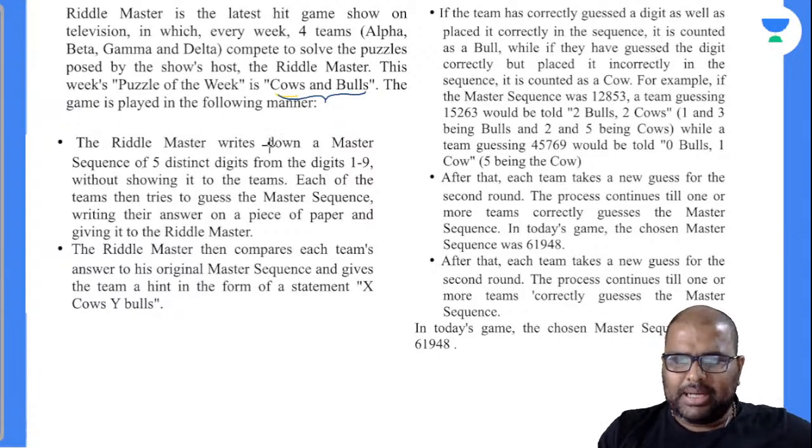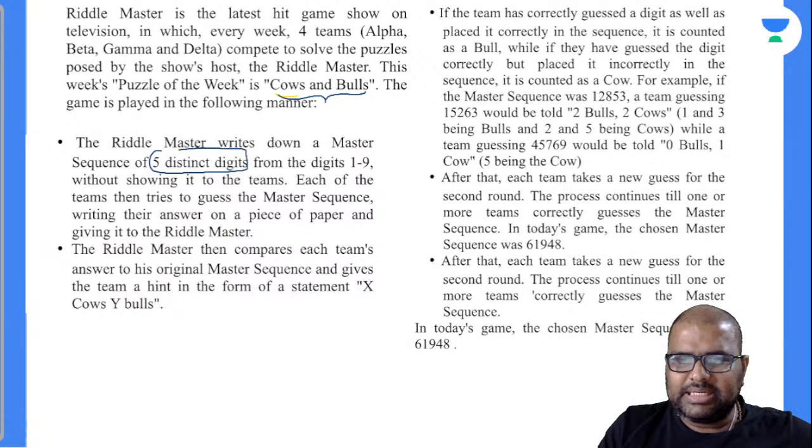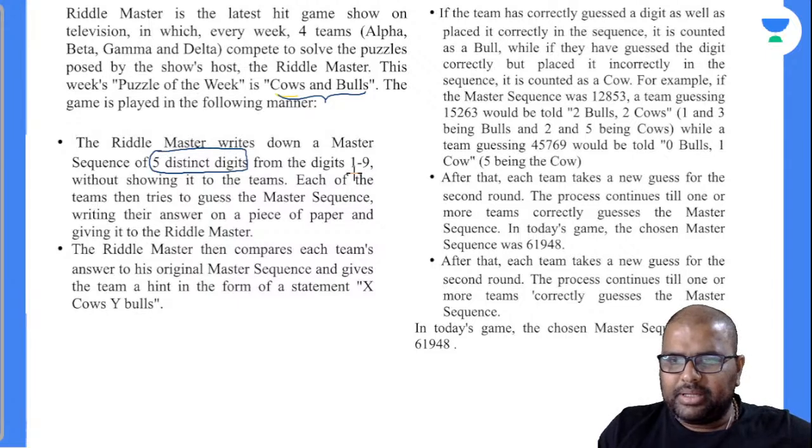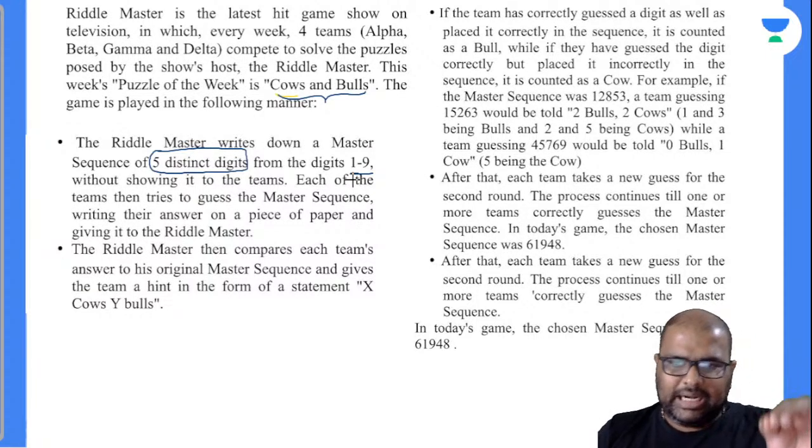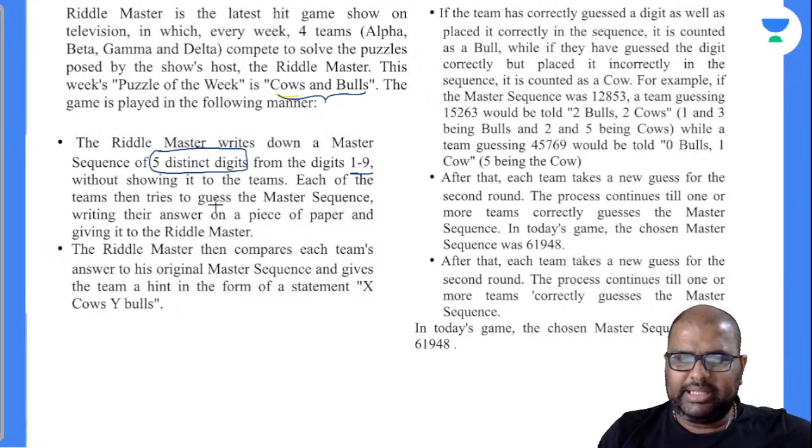The Riddle Master writes down a master sequence of 5 distinct digits from the digits 1 to 9, so there is no 0, without showing it to the teams. Each of the teams then tries to guess the master sequence, writing their answer on a piece of paper and giving it to the Riddle Master.